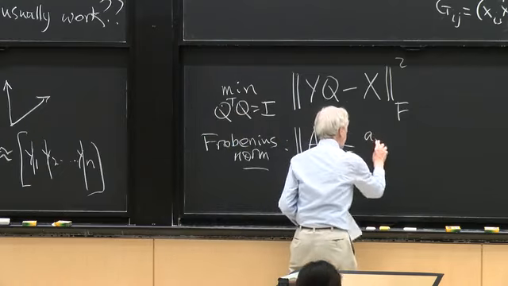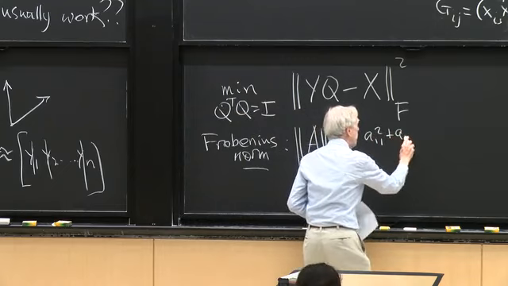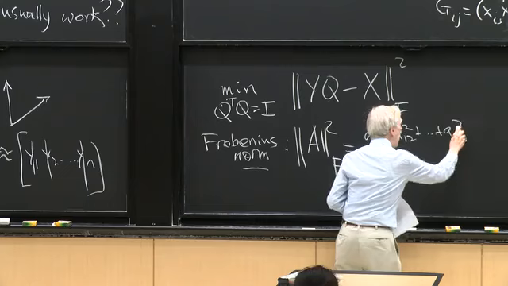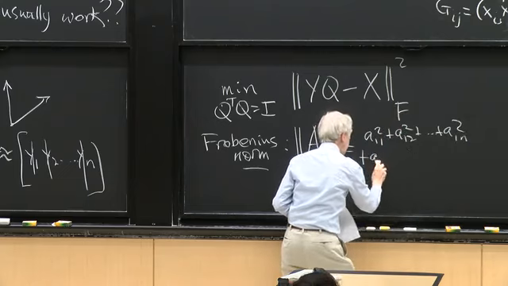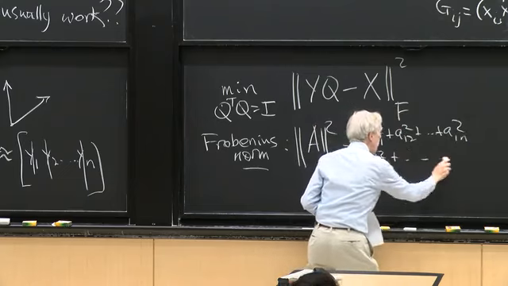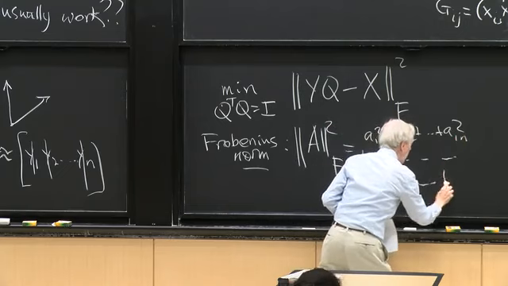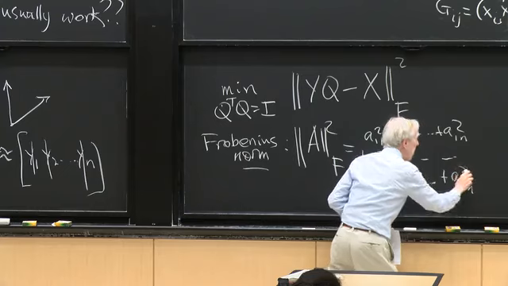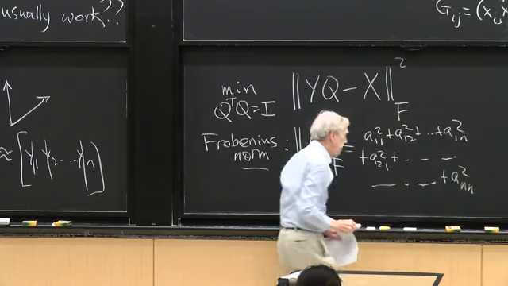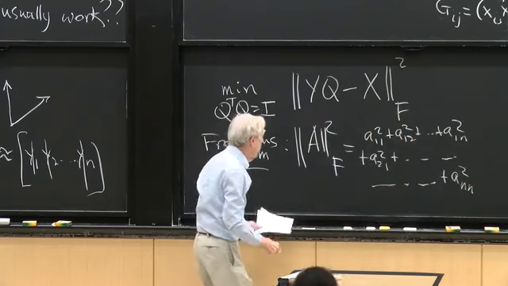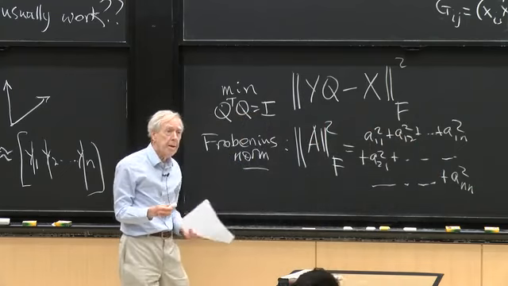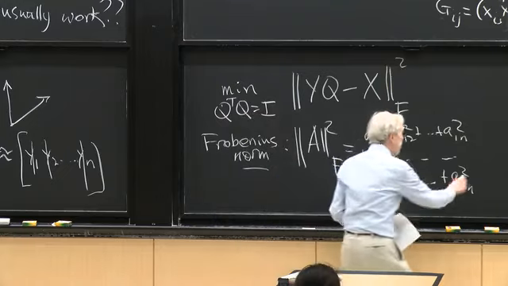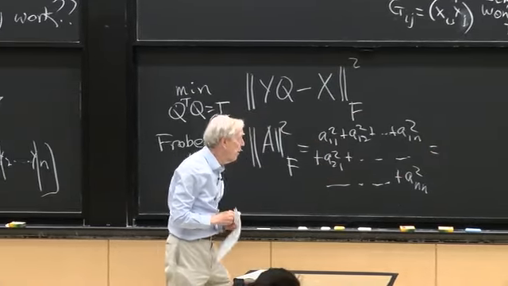So it's a11 squared plus a12 squared all the way along the first row, plus the second row, just up to ann squared. Sum of all the squares, just treating it like a long vector. But that's an awkward expression to write down.